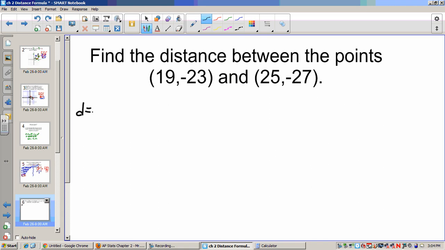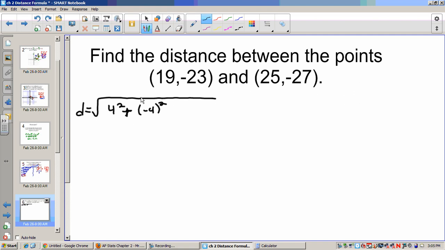All right, we would take d equals x2 minus x1, which is going to be 4 squared. Negative 27 minus negative 23. Ooh, I need a plus there. Is going to be negative 4 squared.